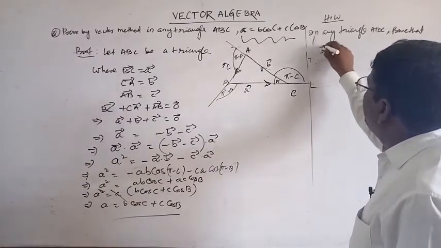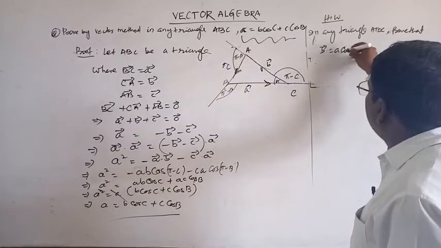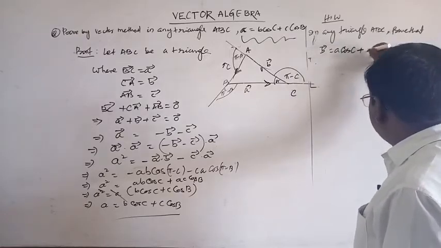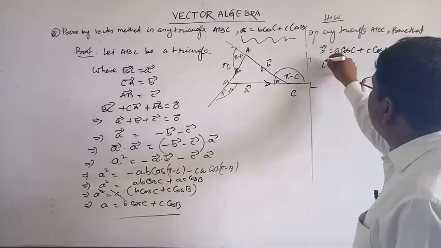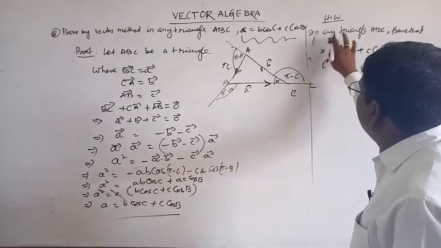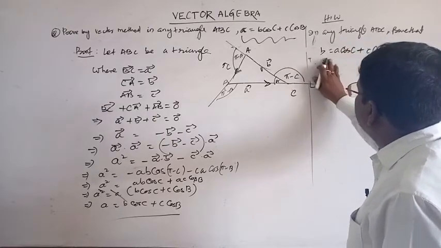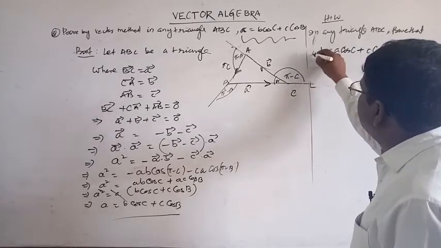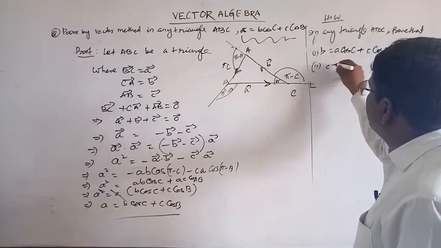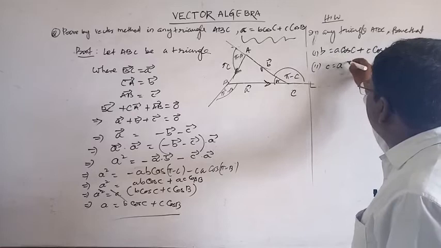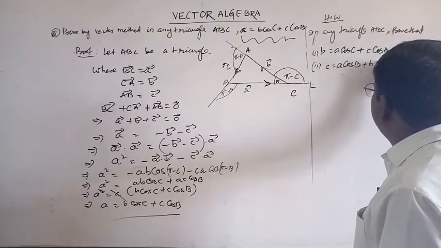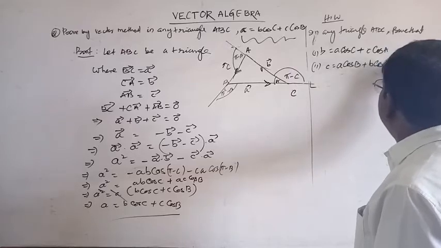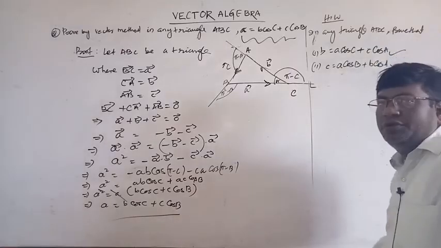Prove that B is equal to A cos C plus C cos A, and C is equal to A cos B plus B cos A. Here these are not vectors, only scalars. This is homework for you.